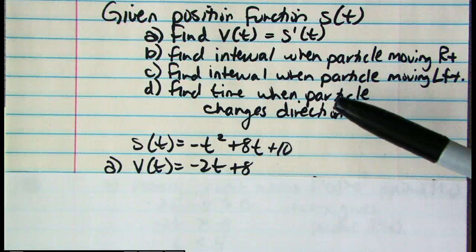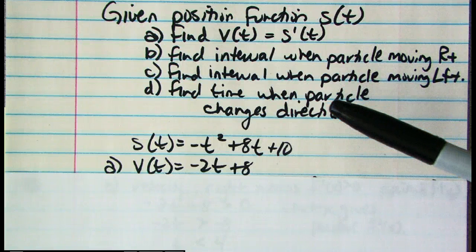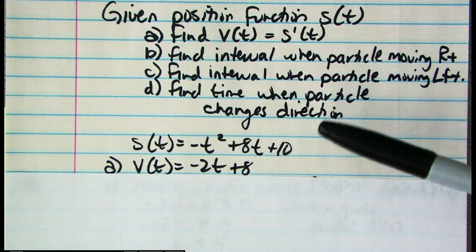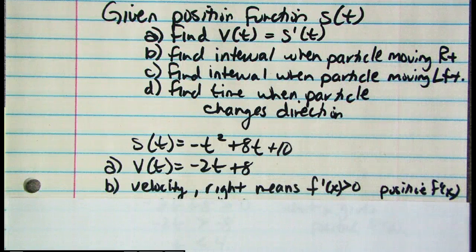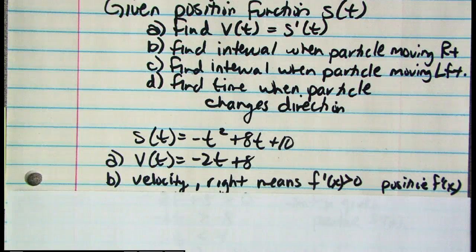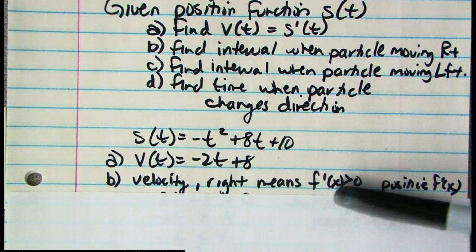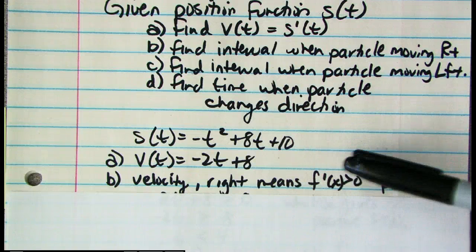Part B is to find out what interval my particle is moving right. So what I have to remember is I'm in my velocity. How can I tell from my velocity function when I'm moving right? Right means when my y outputs or my slopes are greater than 0.